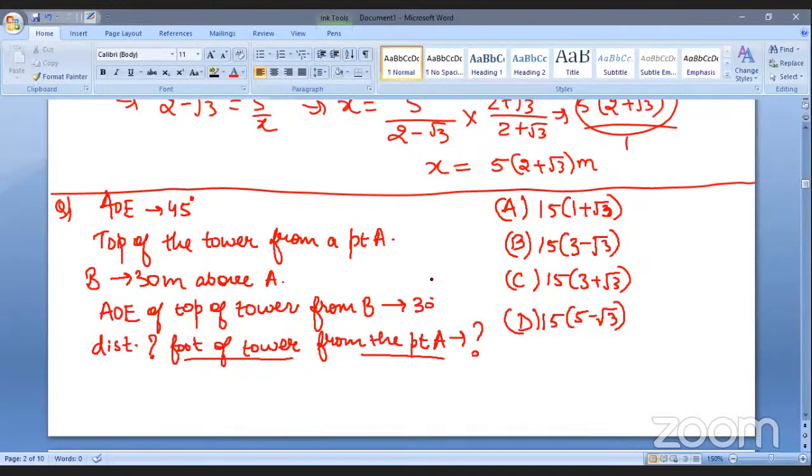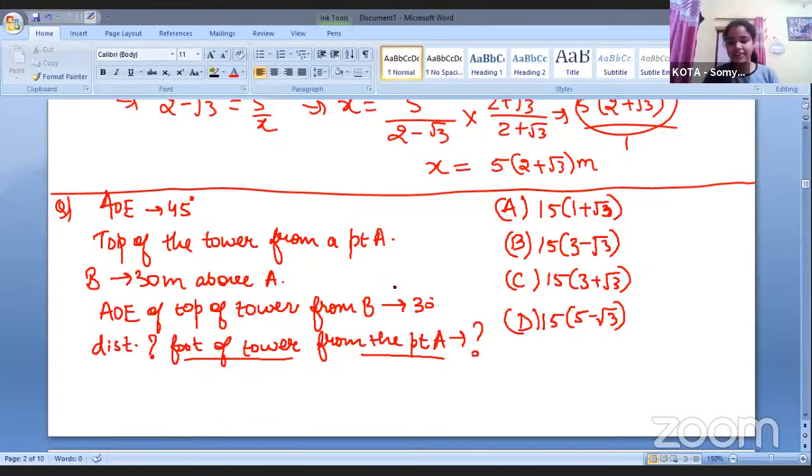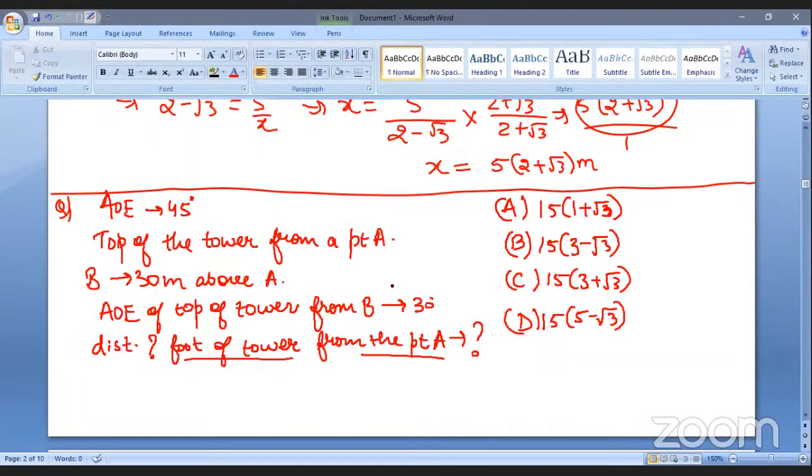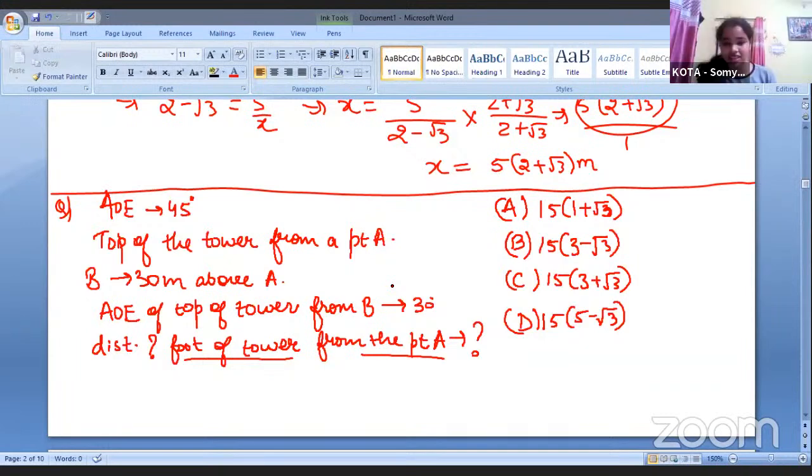Ma'am, is it option C? Okay, any other response? Like the people who have arrived at some conclusion. Is there any other answer except C? Like A, B, D? Anybody?